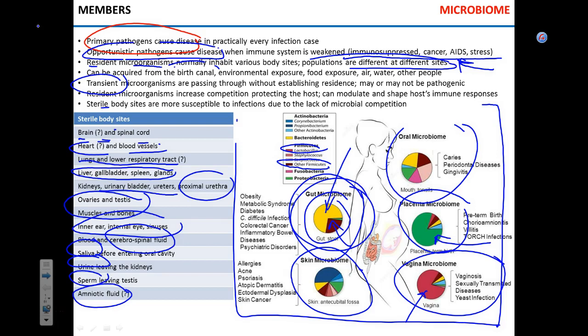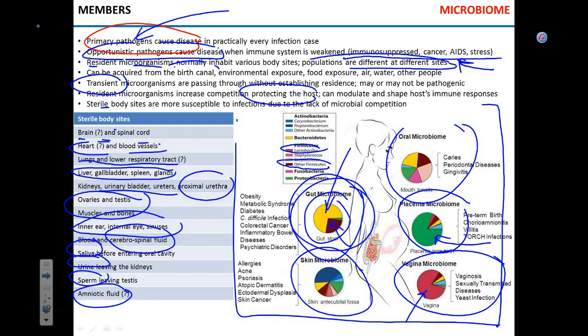Now, why do we care about microbiome so much? It is one of the main, I would argue, protections against infectious agents in the human body. If you think about it, resident microorganisms, whether they are on the skin or in the gut or in the mouth, increase competition for resources, for nutrients, for ecological niches, essentially protecting the host from the primary pathogens.